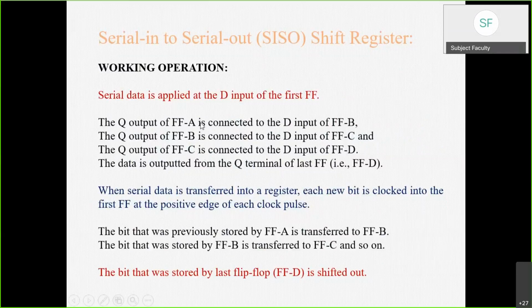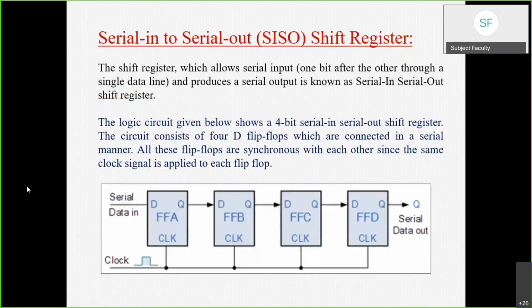So this is the working operation. We will just see how it is working, and then we will again see it using the circuit diagram. First, serial data is applied at the input of the first flip-flop. For the shift register, what is the input of the shift register? I have already told you. Input of the shift register is nothing but this terminal, that is the input of the first flip-flop.